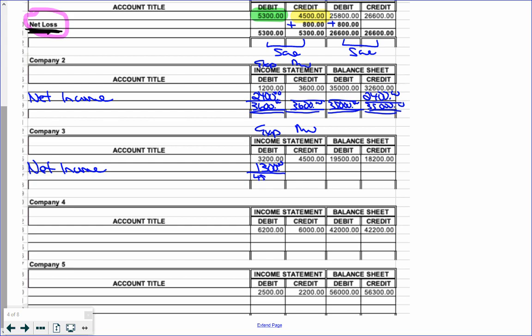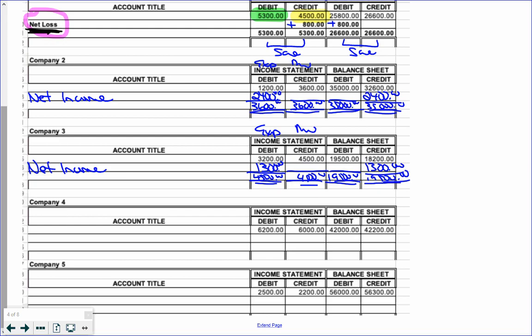That will give me 4,500 here and 4,500 here. If I am debiting 1,300 here, then I need to credit 1,300 there. And when you do that, now your numbers are the same. Now notice the income statement number is different than the balance sheet number. That's fine. You just want to make sure that debits equal credits. Okay.